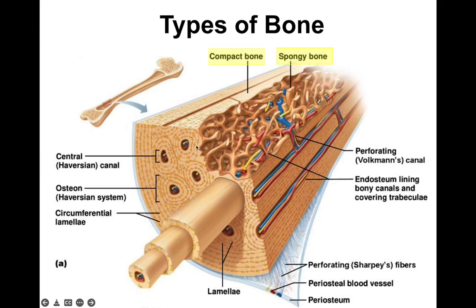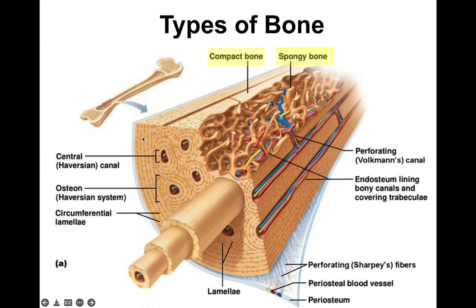In between the concentric lamellae, there are interstitial lamellae, which are leftovers from bone remodeling. And we also have circumferential lamellae. As their name indicates, they run throughout the circumference of the bone, lying immediately under the periosteum.